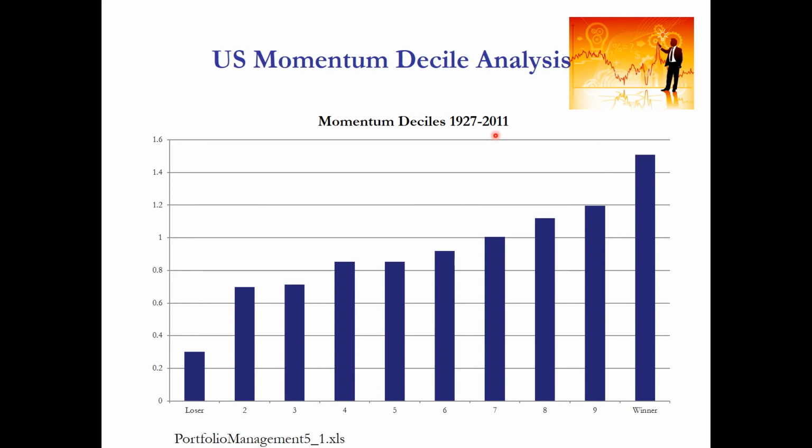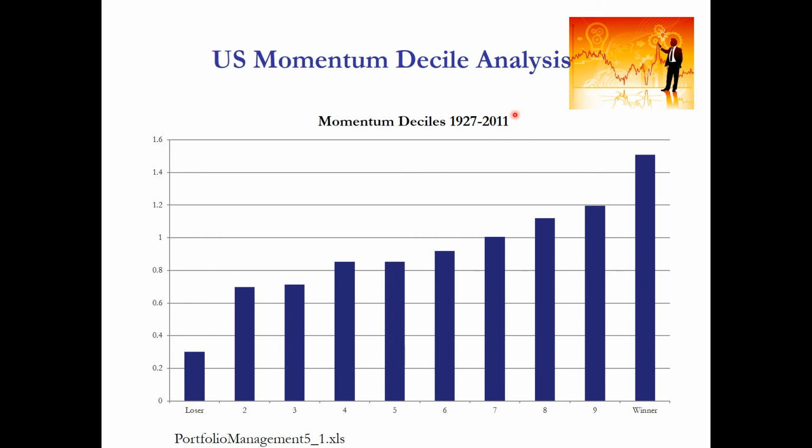At the start of each year, I have looked back at the previous 12 months and created those decile portfolios we spoke about before, whereby we have the decile of best performing stocks over the last year and the decile of worst performing stocks over the last year. I hold the portfolio for 12 months, and at the end of the year, the portfolio is rebalanced. That is, I reconstruct the winner and loser portfolios based on the last year's performance and so forth.